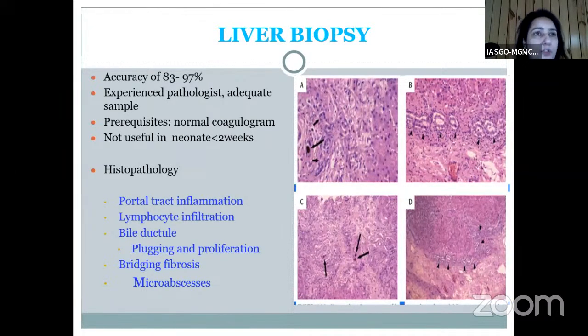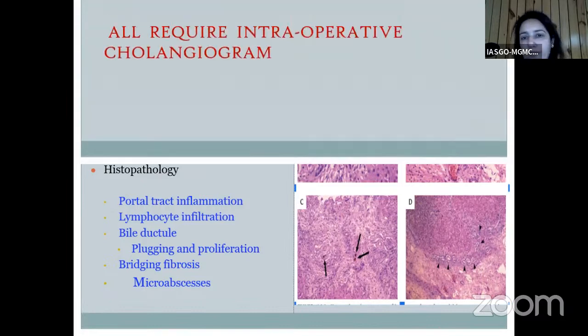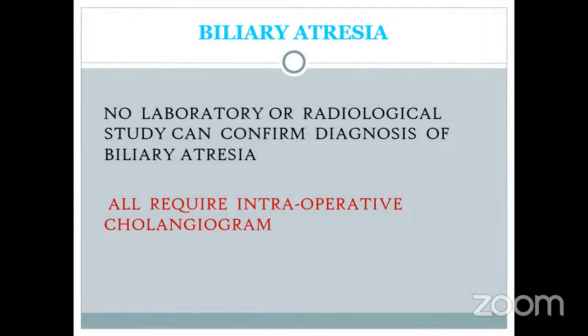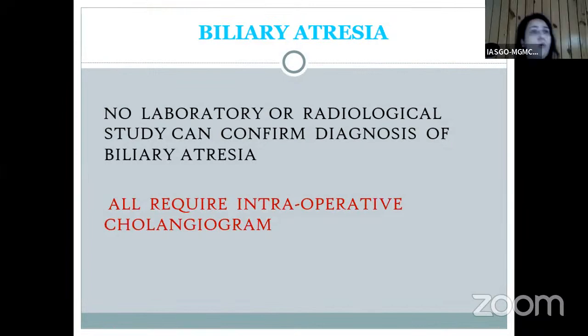And the histopathological findings include portal tract inflammation, lymphocyte infiltration, bile ductule plugging and proliferation, bridging fibrosis, or formation of microabscesses. So to say, there is no laboratory or radiological study which actually confirms the diagnosis of biliary atresia. All of them require an intraoperative cholangiogram.